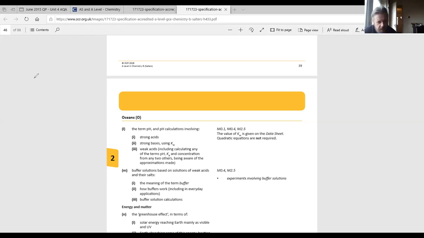Buffers we'll do in a minute. Kw next. So what's the difference between Ka and Kw? It's called the ionic product of water, which is a bit long-winded for what it is. Water is actually a weak acid.